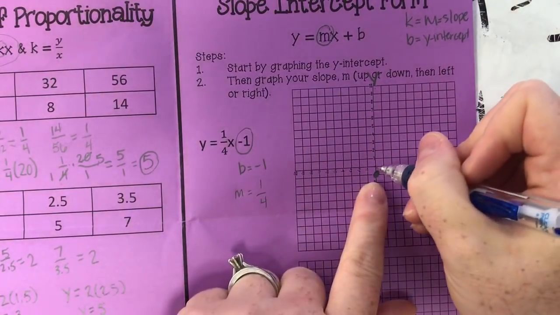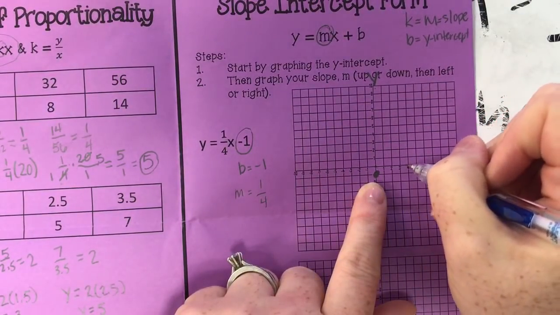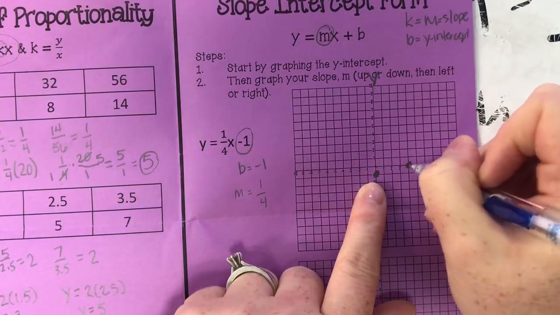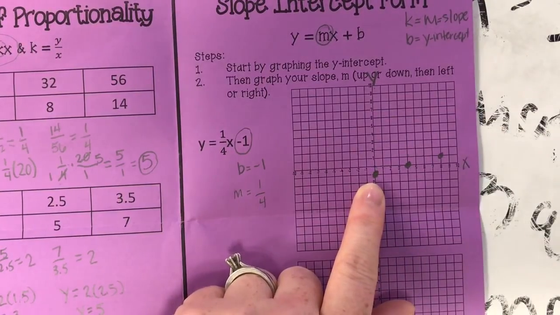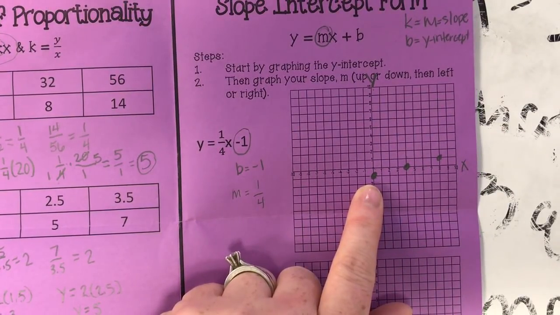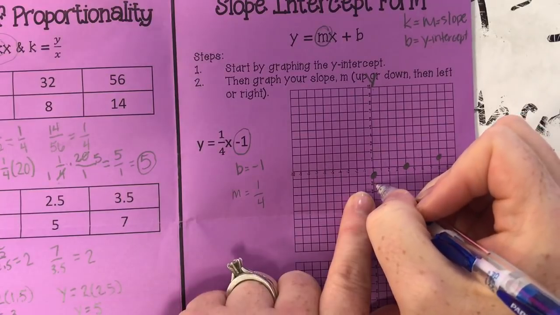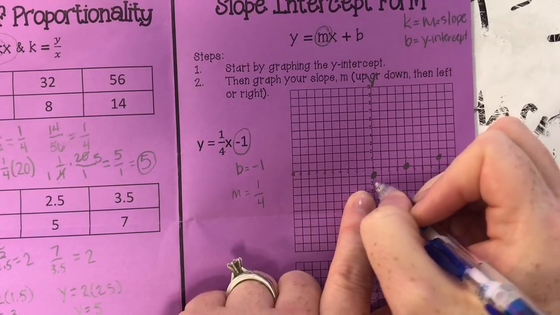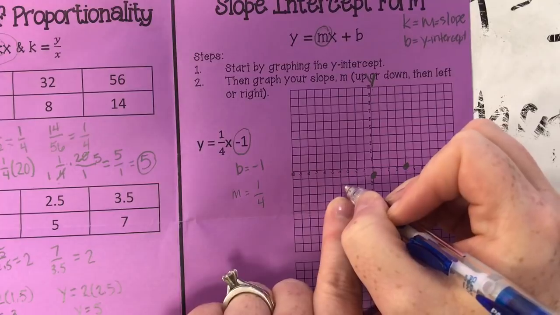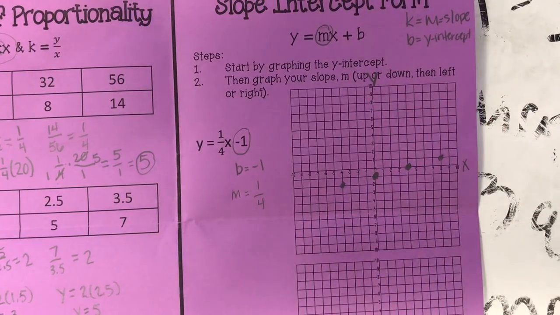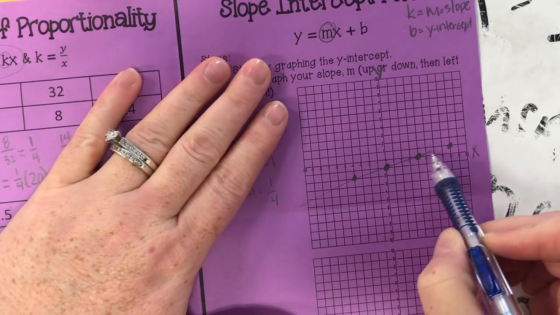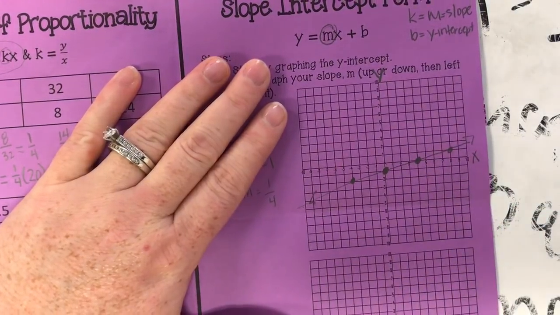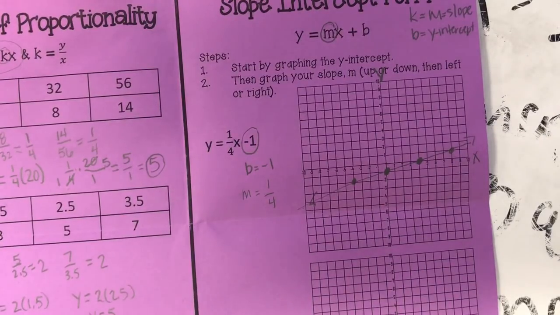Rise 1, and run 1, 2, 3, 4. Okay, do you see how that's kind of working out? We can even go the other way. We can go down 1 and then go back 1, 2, 3, 4. And remember, then we fill in the line, put our arrows on it, and that's going to be our line that fits that slope-intercept form.